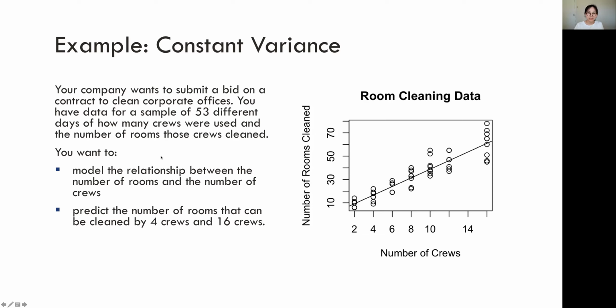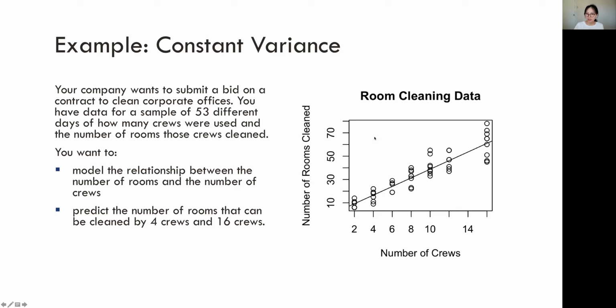And here is this data set. You want to model the relationship between the number of rooms and the number of crews. Basically, we want to predict the number of rooms that can be cleaned by 4 crews and 16 crews. So build a linear model and do prediction.